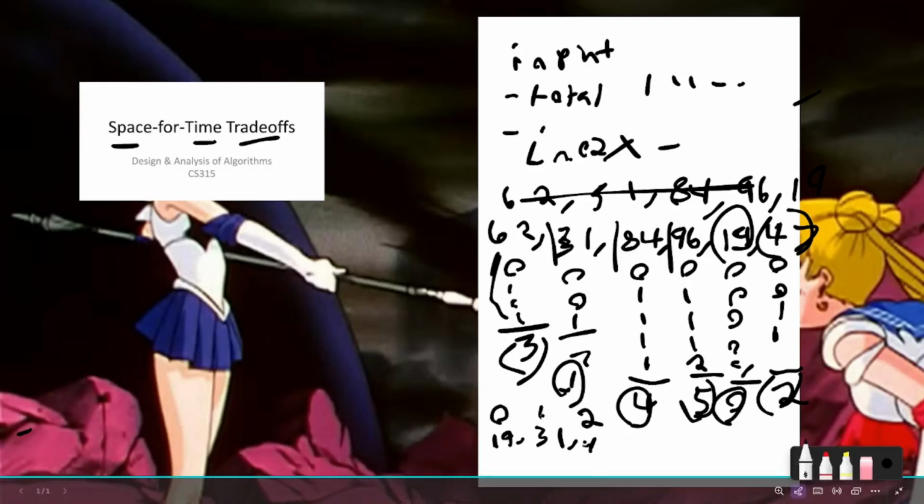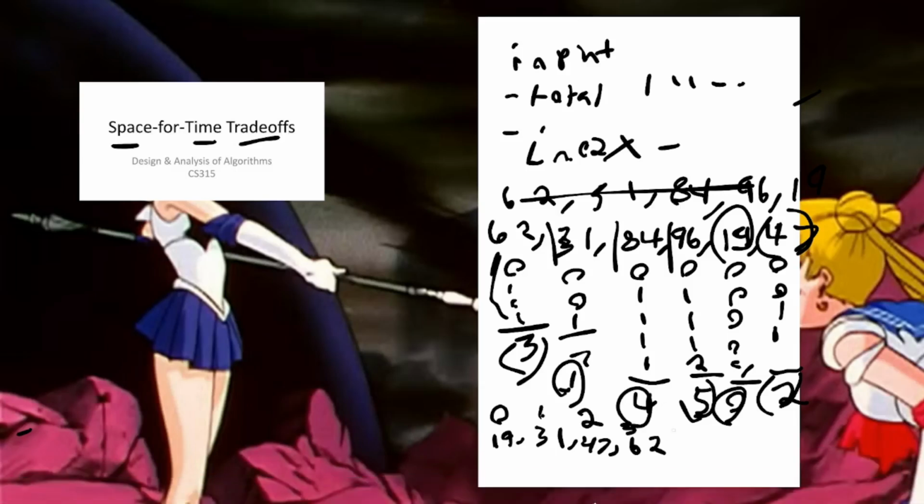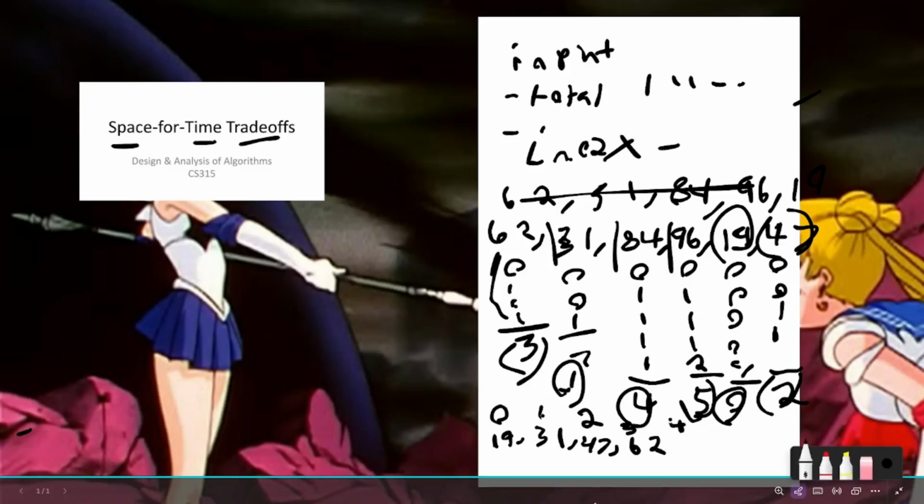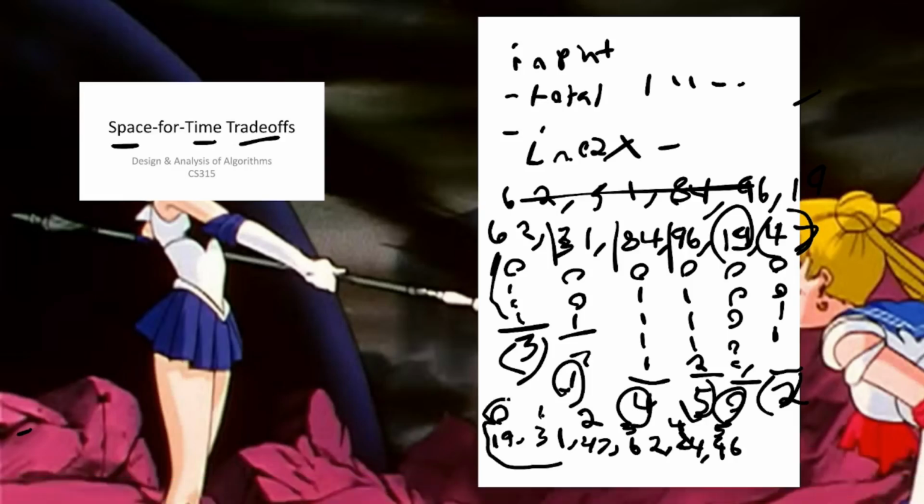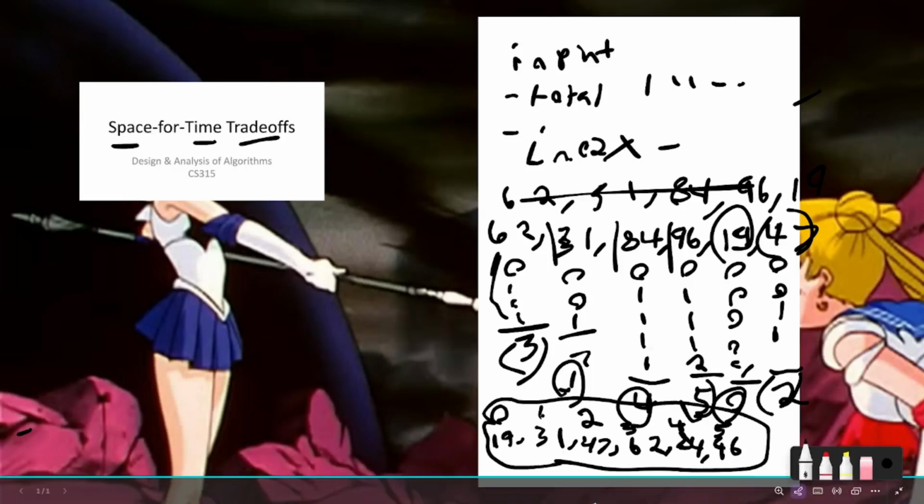We know the fourth element is 62. The fifth element, I'm losing track, is 84. And the sixth element is 96. And yeah, like that, it's all sorted and pretty. So yeah, that's a good example of how you can use space to basically do your work for you.